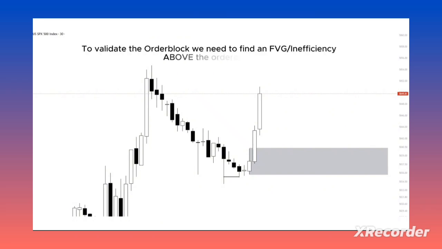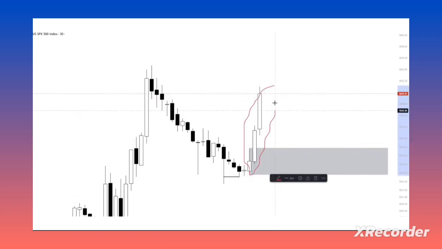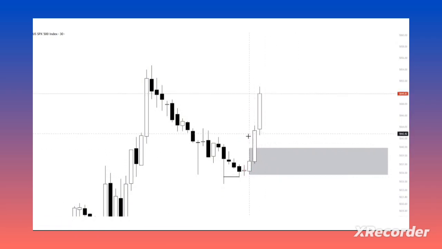Now to validate the order block, we need to see a fair value gap, often called an imbalance, right above the order block. So if we look here at the sequence of these multiple candles, as I said, the order block is the candle before the impulse. Now if we check that candle's wick, and we look at the candle next to the one that did the impulse, so this one, if we look at this lower wick, and we connect wicks, we can see a blank or empty space.